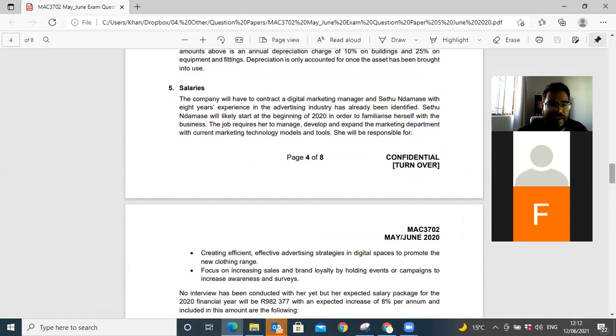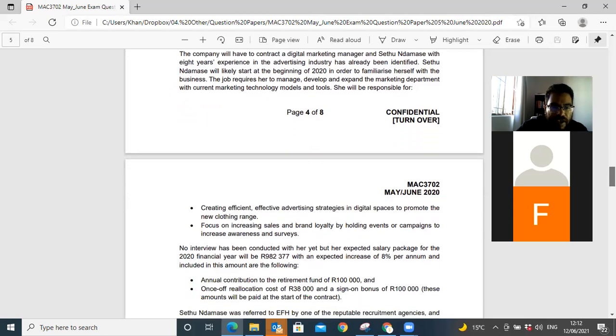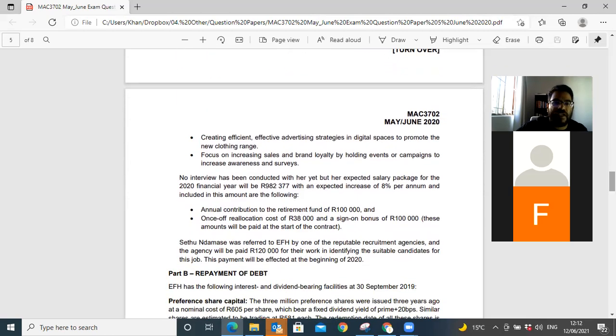Now we come to salaries. They say the company will have to contract a person who will likely start at the beginning of 2020 in order to familiarize herself. No interview has been conducted with her, but her expected salary package for the 2020 financial year will be 900,000 with an expected increase of 8% per annum.